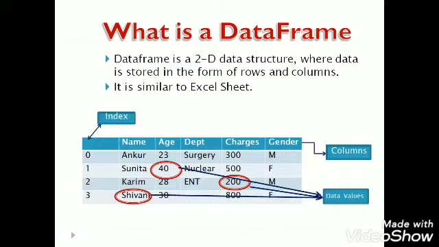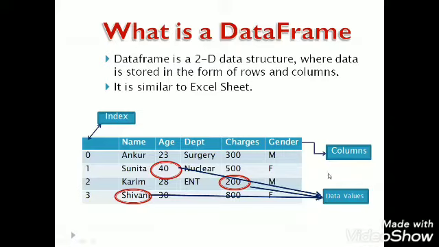If we compare data frame and series, in that case our series is a 1D structure. That means we can give only a single column of data and index is automatically generated. But in case of data frame, we can give our data in multiple columns. So here the label of a particular row is known as index, and you have different headings here.